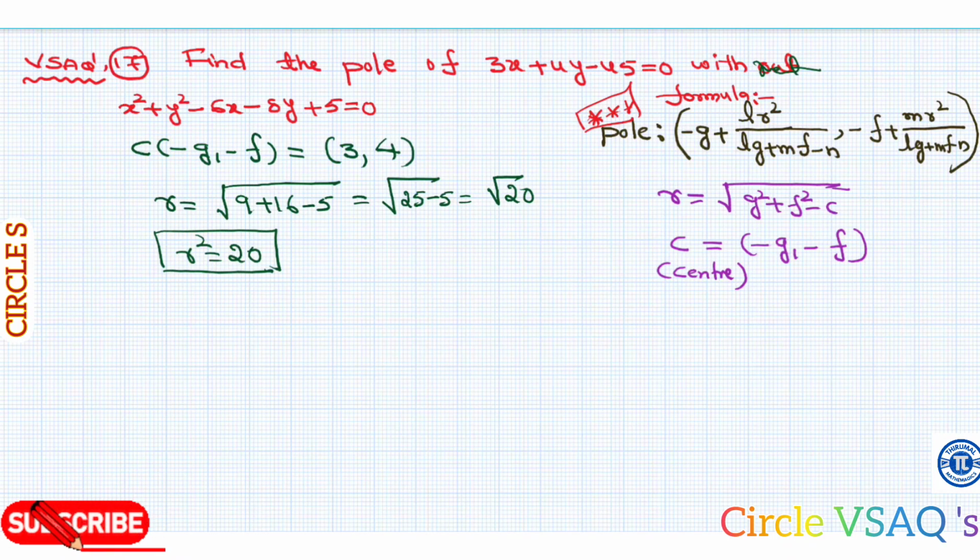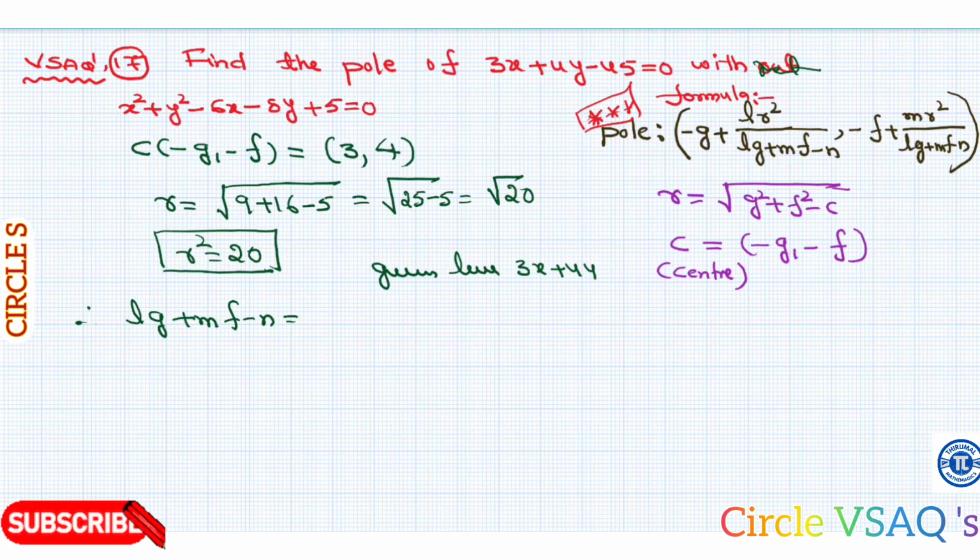Okay, next consider lg plus mf minus n. From the given equation of the line 3x plus 4y minus 45 equal to 0, here l equal to 3, m equal to 4 and n equal to minus 45.